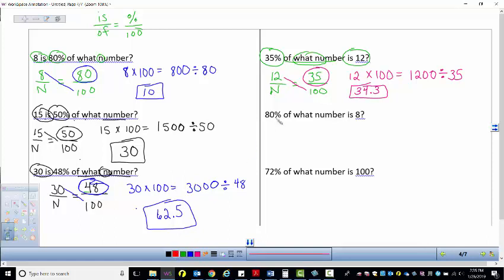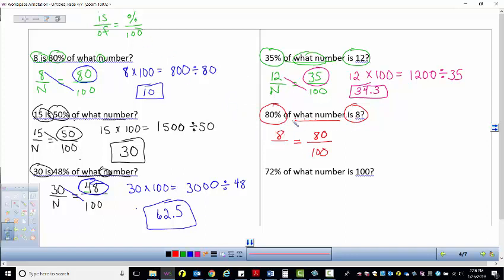Okay, let's look at the next one. 80% of what number is 8? Set up my proportion. 80 is the percent. It goes on the top. Underneath is 100. So is the number 8.